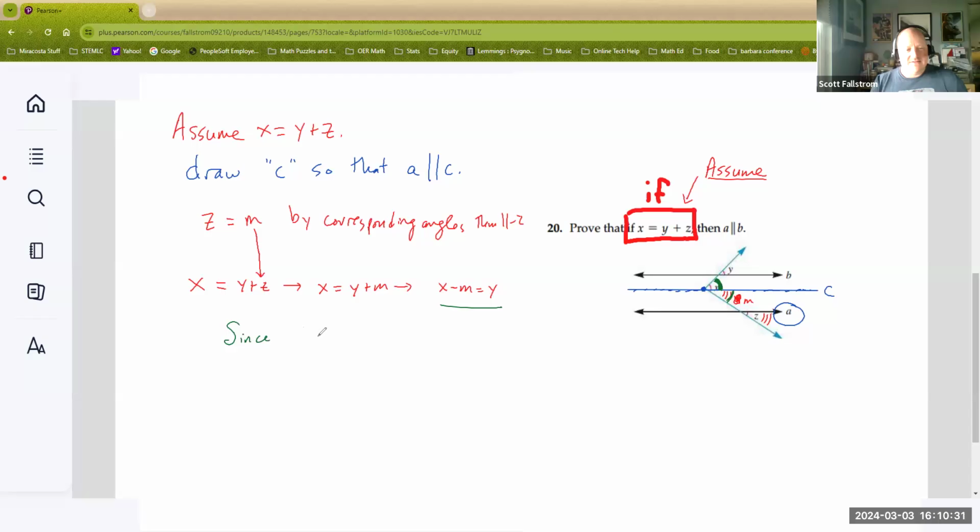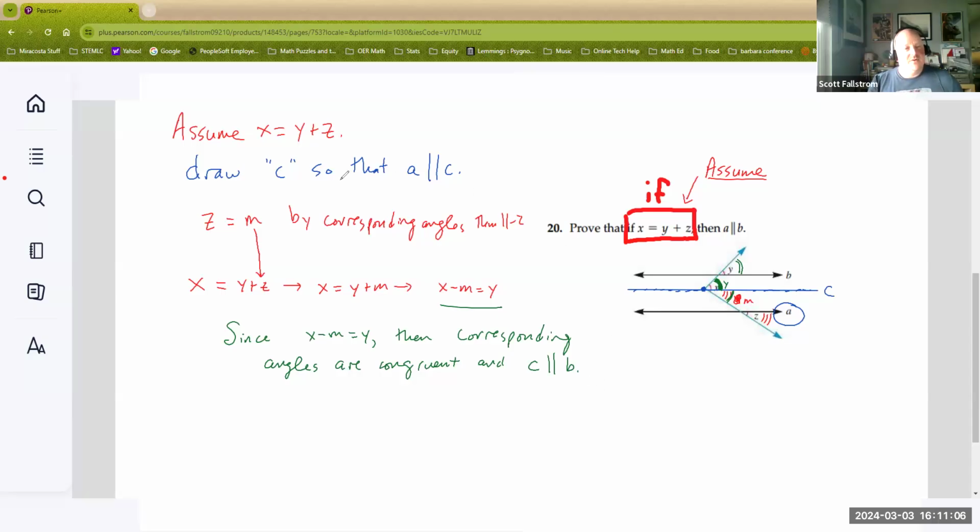So since X minus M is equal to Y, now I have a Y value here, and I have a Y value up here, then corresponding angles are congruent. And we actually know then that C is parallel to B.